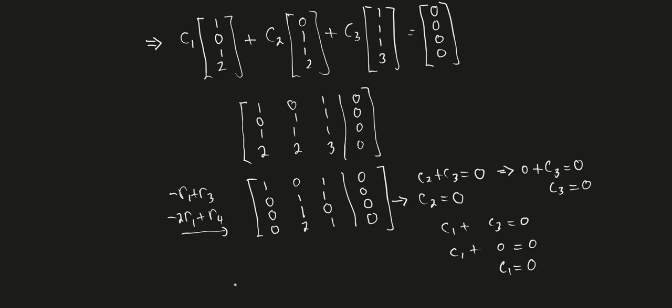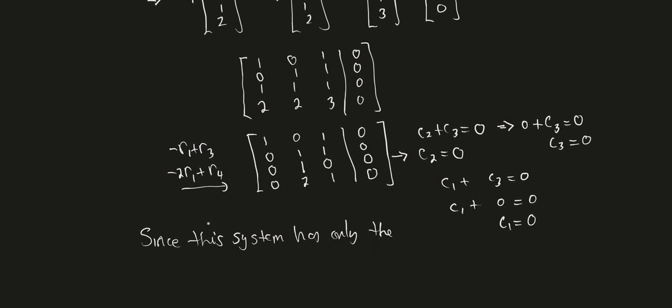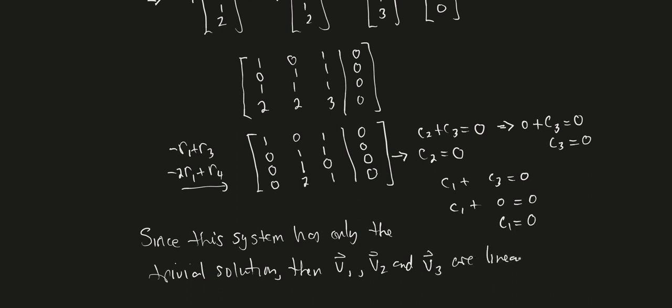So because of this, since this system has only the trivial solution, then these three vectors, v1, v2, and v3, are linearly independent, right?